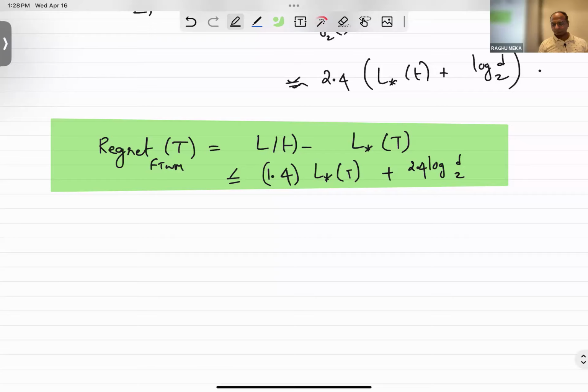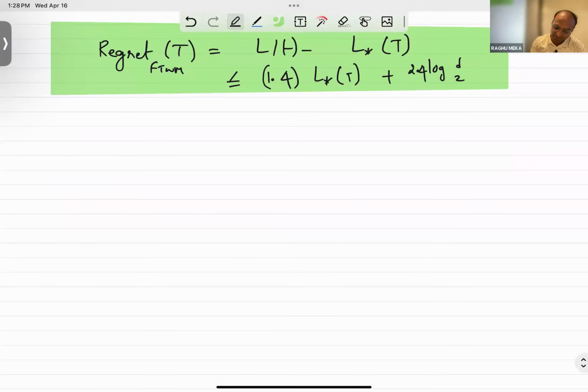Okay. And in fact, there is this very important notion of no regret algorithms. Kind of a misnomer. No regret doesn't mean the regret is zero, but asymptotically the rate of the regret goes to zero, right? So what does it mean?